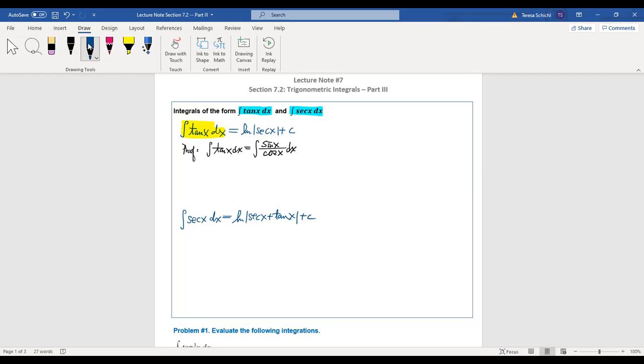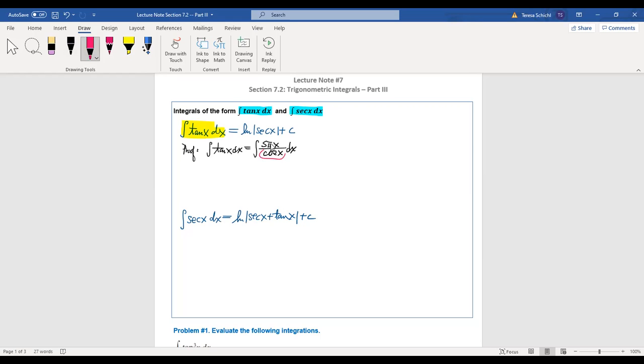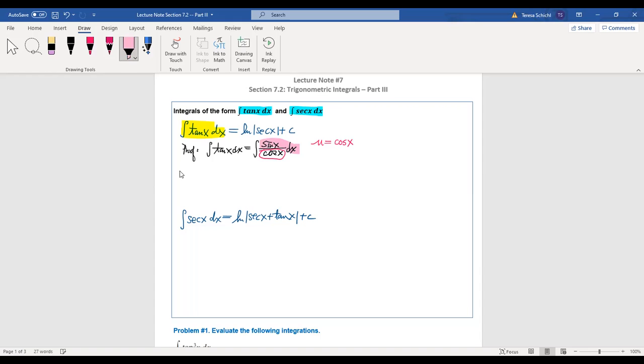So I know I can do u-substitution, right? I can say u is equal to cosine x. Why do I want u equal to cosine x? Because here we have the sine x dx, right?